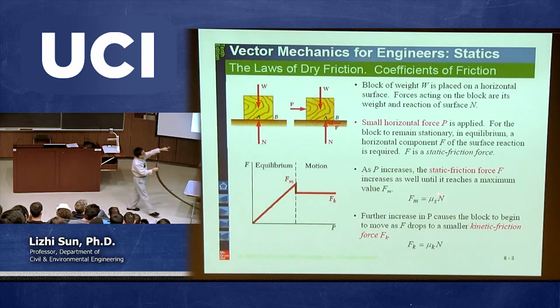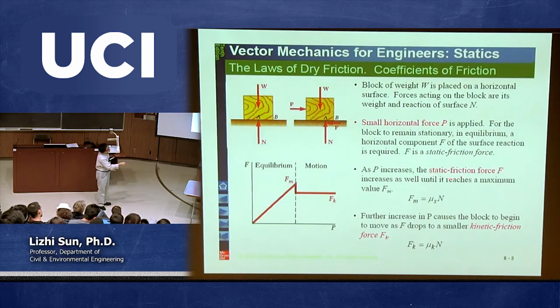The maximum can be calculated with what we call the static friction coefficient, multiplied with the pressure, which is called N, right? And once it moves, you are no longer having the static friction force. Instead, you're going to have a kinetic friction force because it's moved. So then, this friction force is equal to the coefficient of friction multiplied with N.